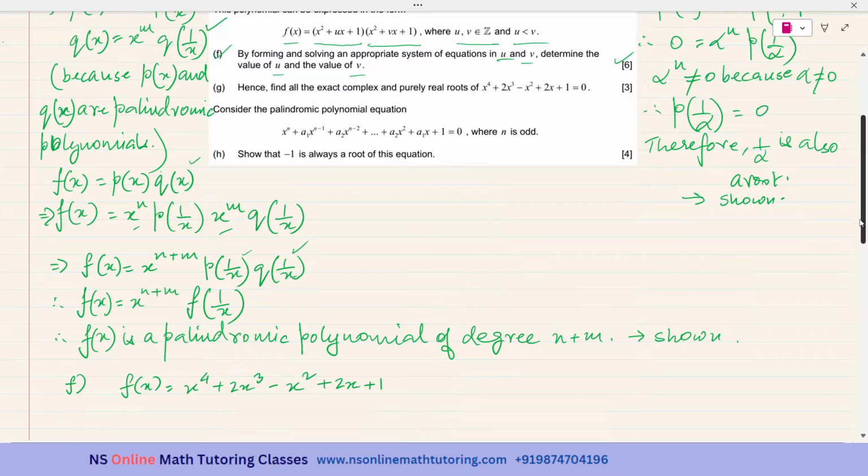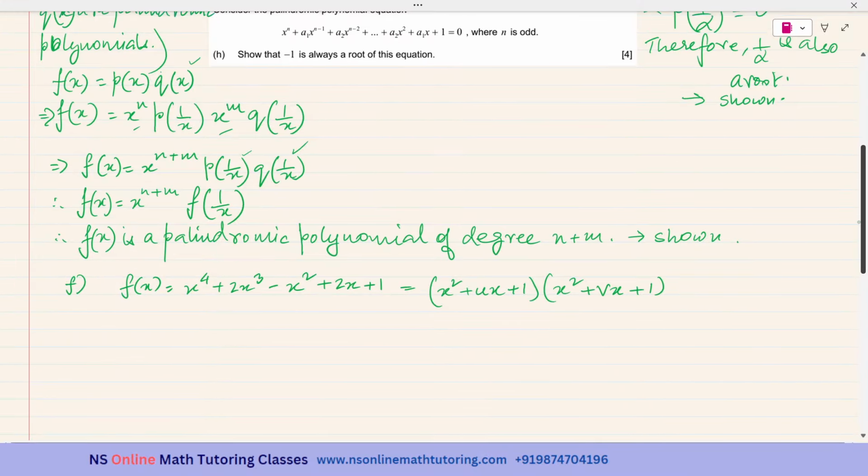This is equal to x squared plus ux plus 1 times x squared plus vx plus 1, where u is less than v and u and v are integers. So let us equate the coefficients of different terms of x from both sides.